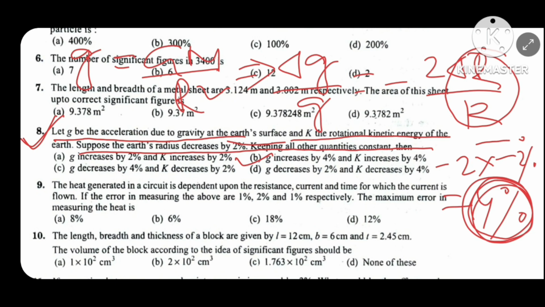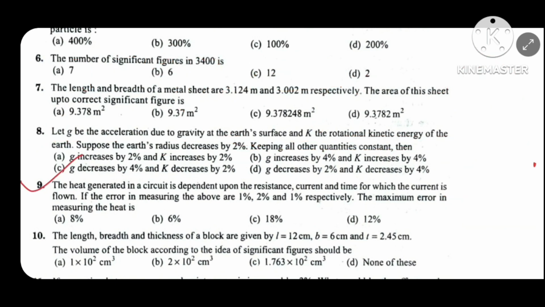Okay. Now next. Question number 9. The heat generated by a circuit depends upon the resistance, current, and time for which the current flows. The errors in measurement are 1%, 2% and 1%.